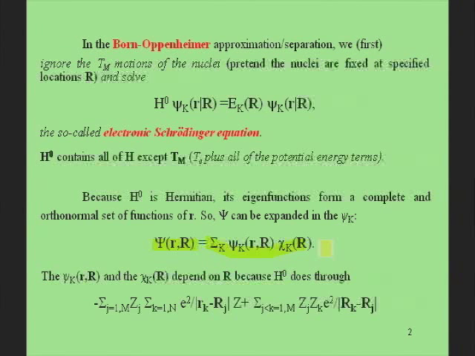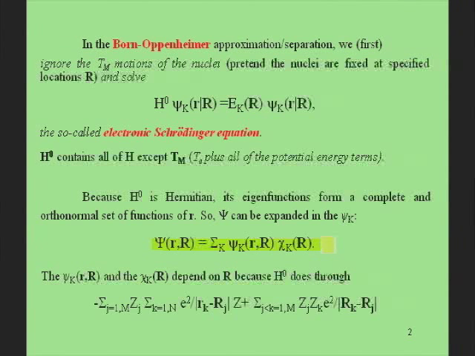That's why these coefficients chi k still depend upon the capital R variables, because the capital psi wave function did depend upon these capital R variables. So I'm allowed to express this total wave function as a linear combination of these electronic wave functions times coefficients, with the coefficients still carrying nuclear position dependence.